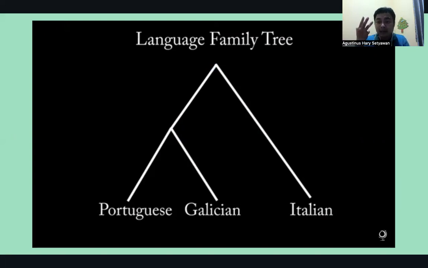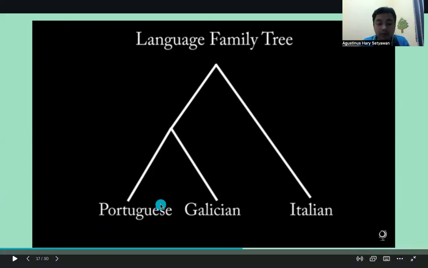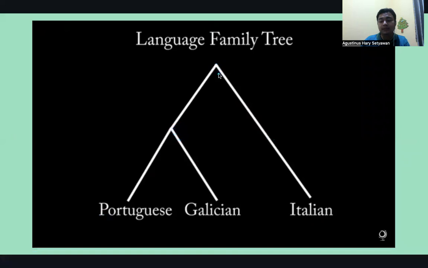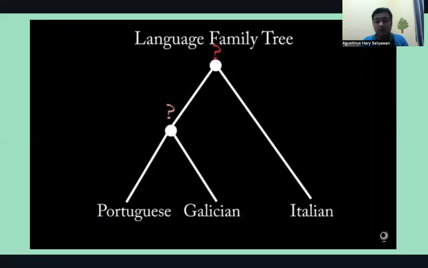Then we draw these three languages' relation, Portuguese and Galician, then they share one with the Italian language. Based on the research, we check to validate our analysis, because it has already been done in theory for the names of those language family trees.